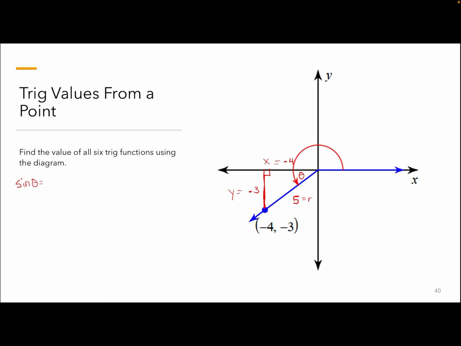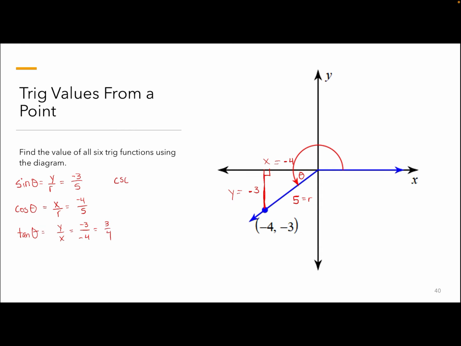Sine theta is going to be y over r, so y divided by r is -3 divided by 5. Cosine theta is x divided by r, which is -4 over 5. Tangent theta is y divided by x, which is -3 divided by -4, which of course is +3/4.